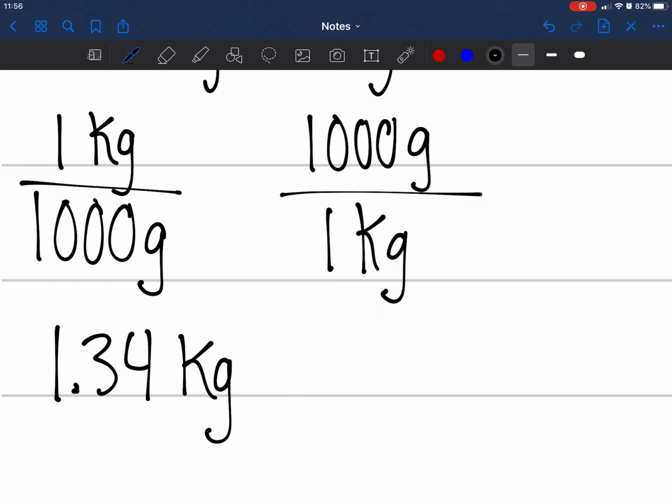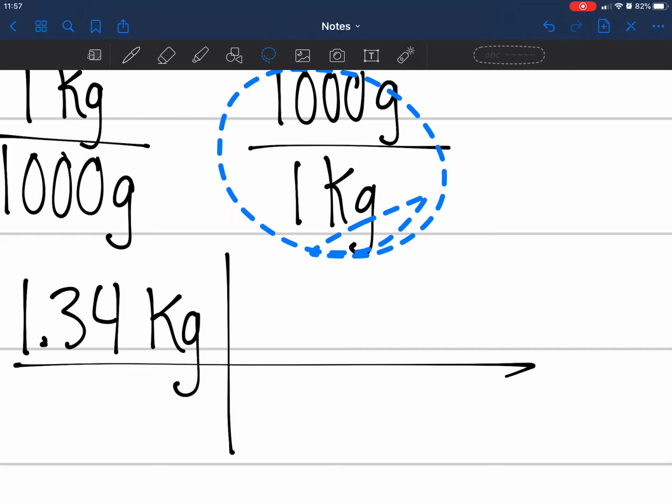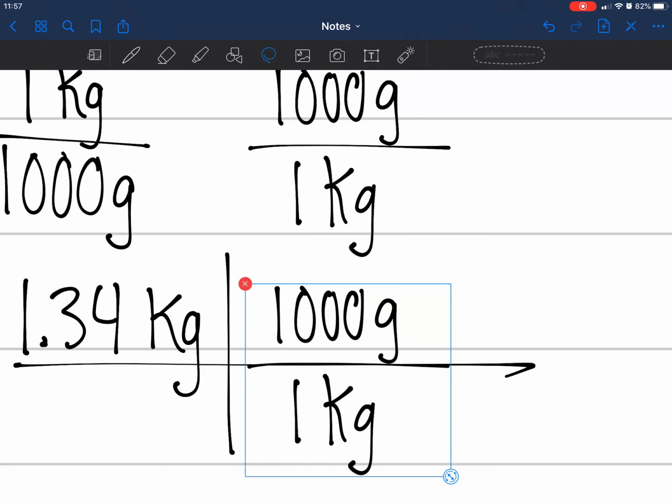The reason I would use that conversion factor is because it allows my kilogram to cancel out, because kilograms is on the bottom. The way you cancel them out is with the units being opposite of each other. So I'm going to copy this conversion factor and paste it right here.